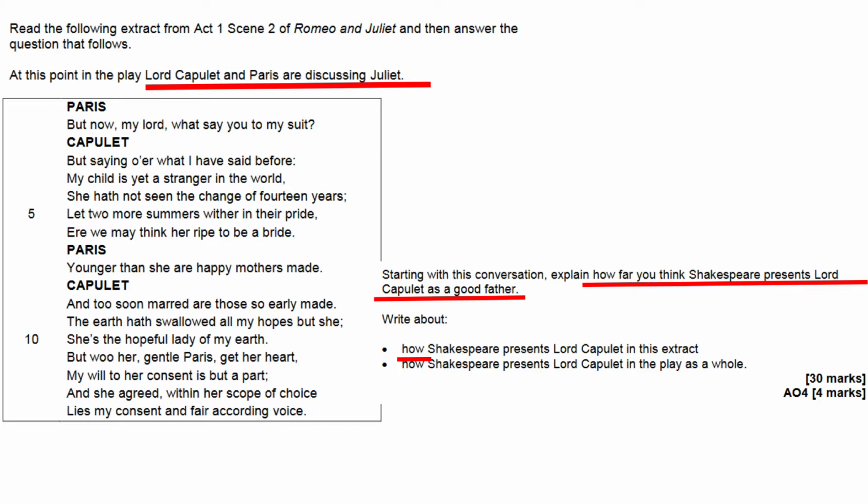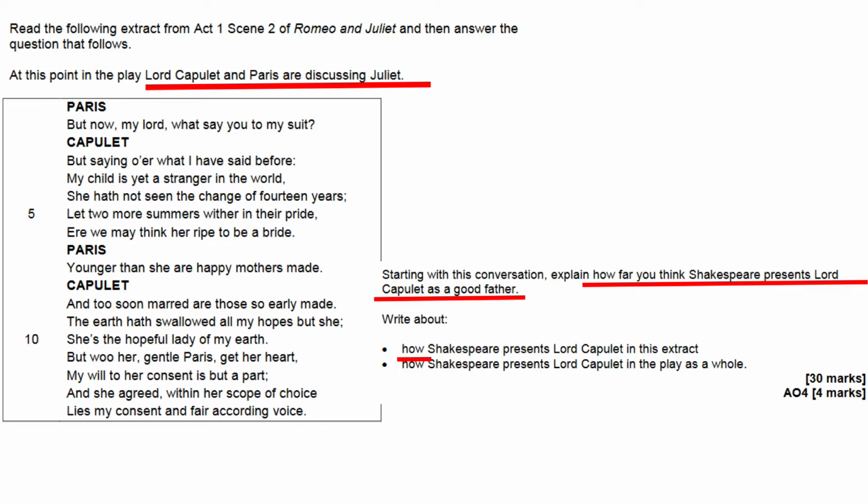Language, structure, and form. So when we think about language, we're thinking about things such as metaphors, similes, the use of adjectives, oxymorons. When we're thinking about structure, we might be thinking about iambic pentameter, the use of punctuation, the use of rhyming couplets, how long the sentences are.